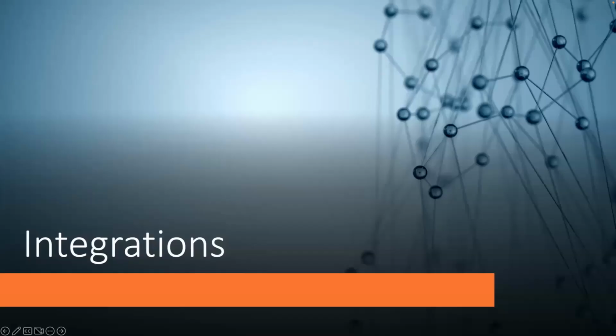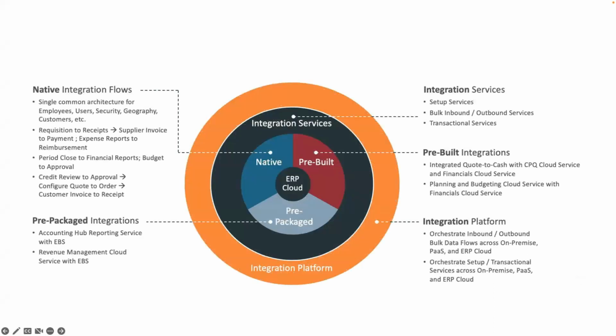So let's have a look at the integrations architecture in terms of the core areas. So you have the ERP Cloud in the core. In the middle here, you have three main types of integration areas. One is your pre-packaged solutions. So if you bring in data into ERP Cloud from Accounting Hub or other modules like your revenue management service, you've got a distributed orchestration as well.